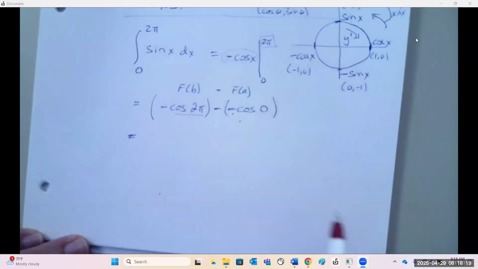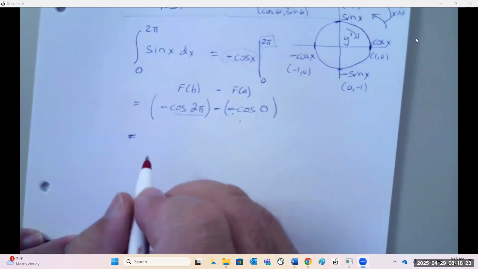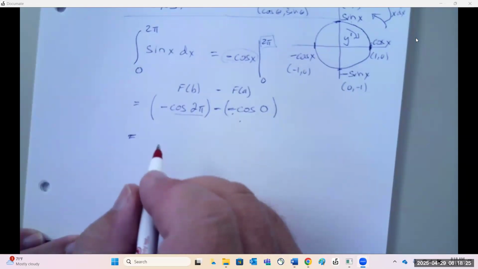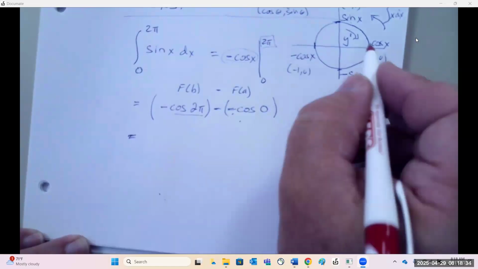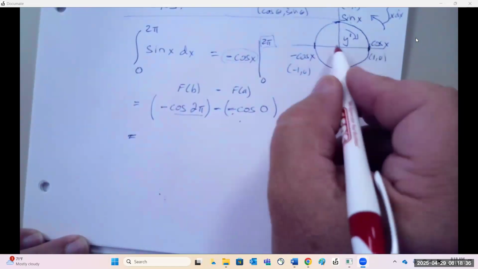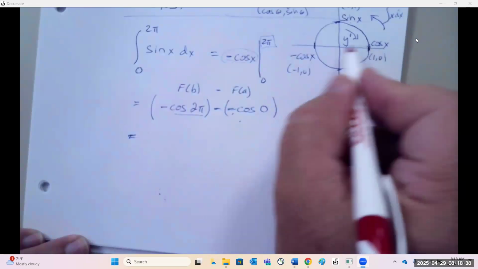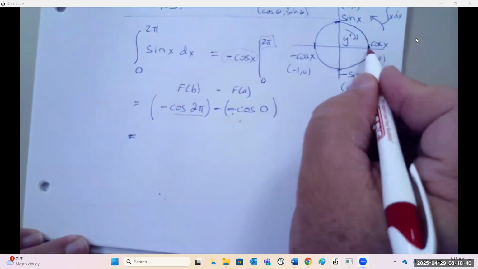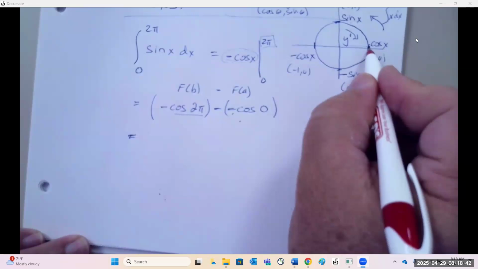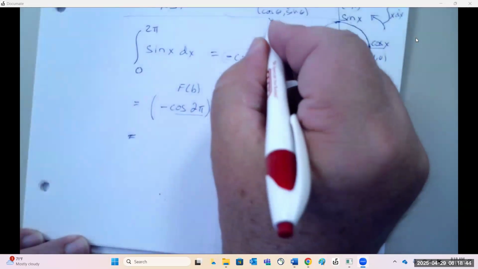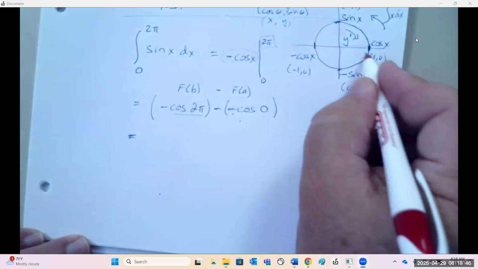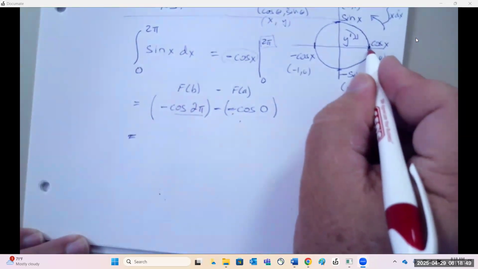So what is cosine of 2 pi? Cosine deals with the x-axis. At 0 degrees, at 2 pi, what's the cosine value here? Cosine is the x value. What's the value there? 1.